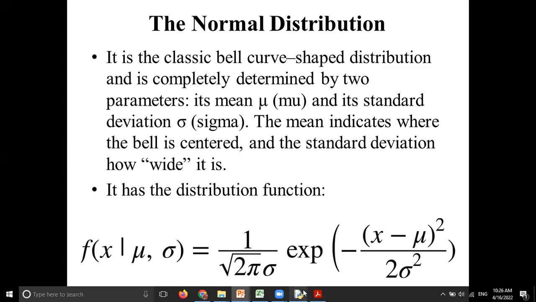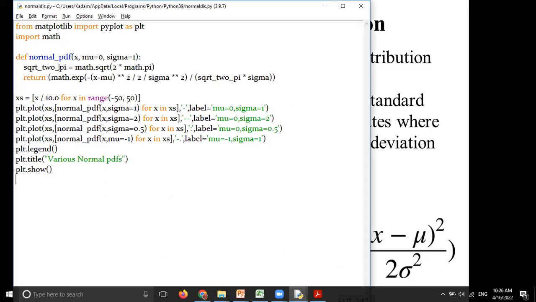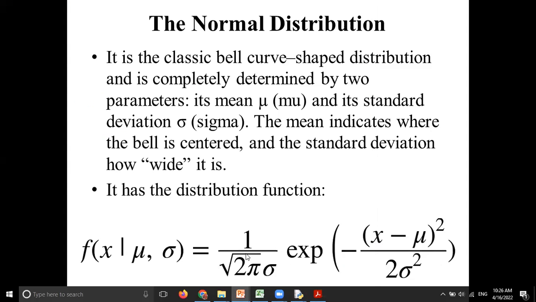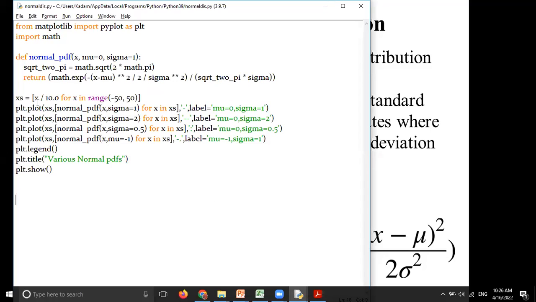Let me show you the function. Initially, this takes the square root of 2 pi, using the math library. Then we implemented the same function: 1 divided by that, and then the exponential. After this, we called x from the range of minus 50 to 50, and based on that we implemented the function.